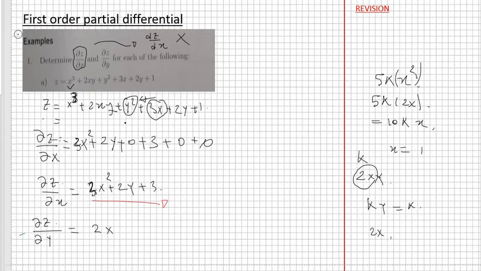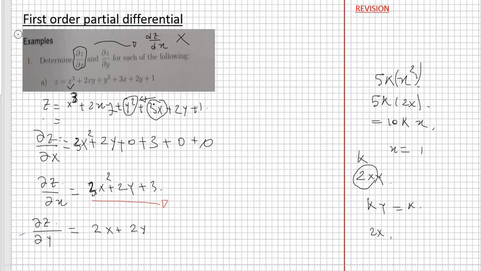So now what's gonna be the derivative of the third term? So we're still deriving the function z with respect to y. So if I derive this term, I'm gonna get 2y. So you just need to bring the exponent in front and then you subtract 1 from the exponent. And then here we have 3x.